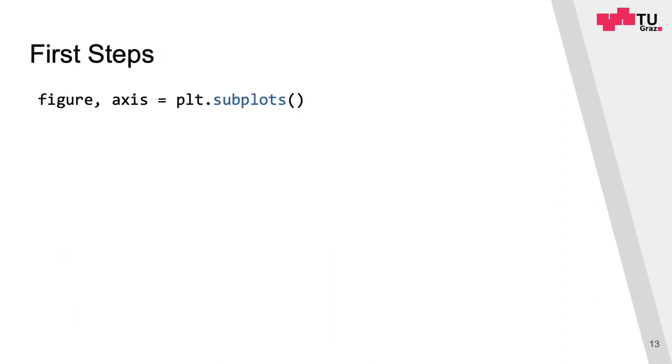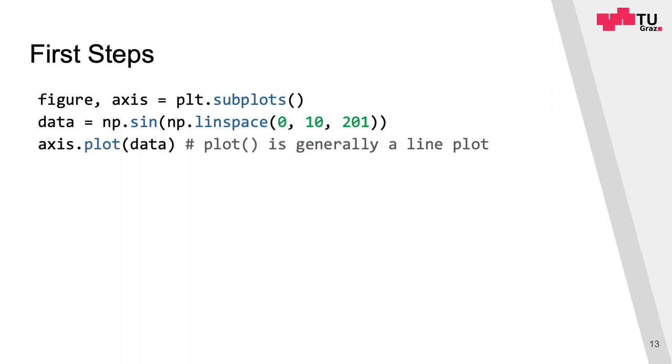So the first steps, again, we need to create our figure and axis object using the subplots function. Then we can generate some data, for example, using the NumPy package. And then we can call the plot function on our axis object, which contains the plot, and provide the data.